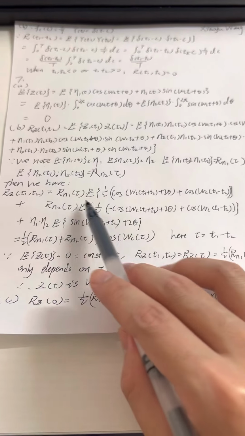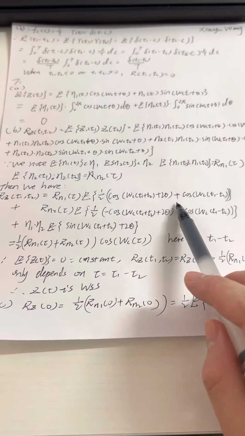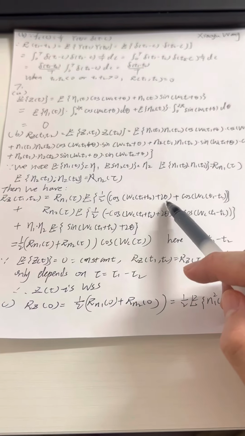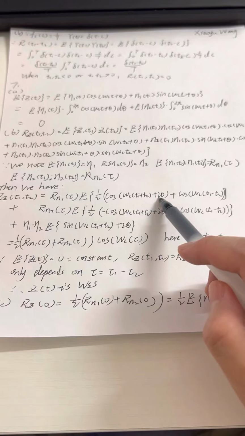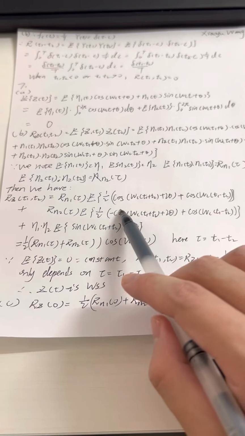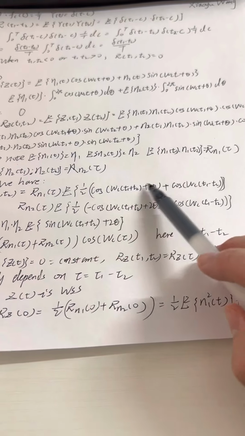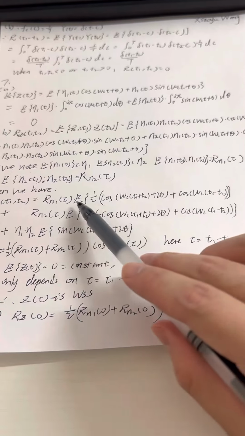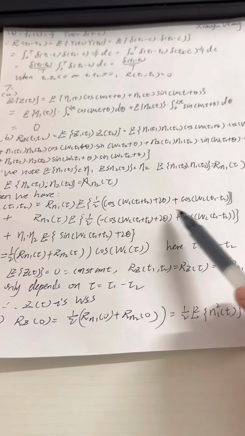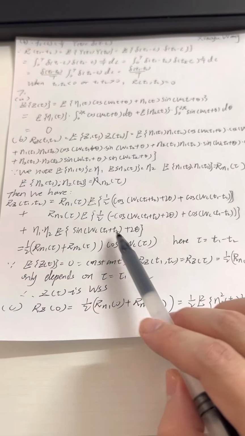It's easy to know that we calculate the expectation from 0 to 2 pi, and the expectations of those two parts are both equal to 0, and this one is also equal to 0.